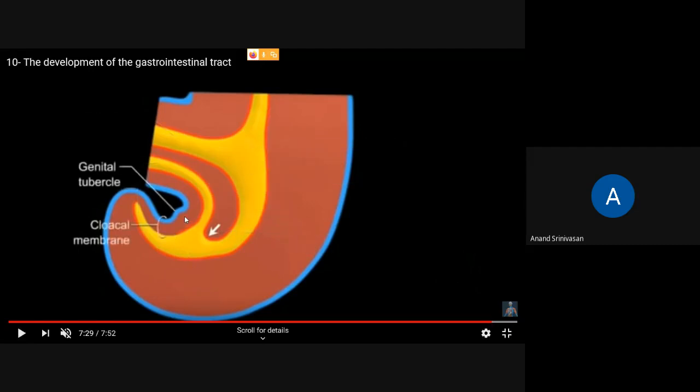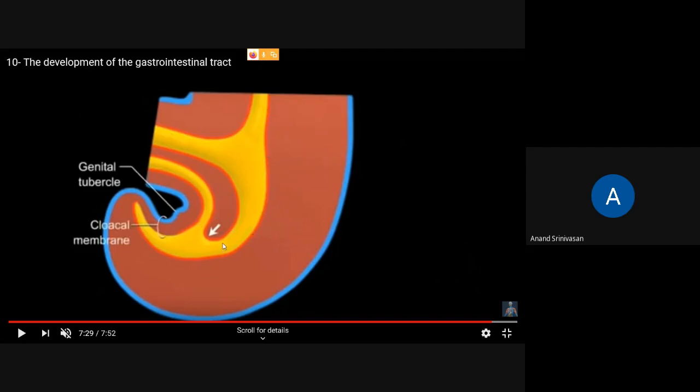Now here you can see a small protrusion, that is the genital tubercle, which later on leads to the formation of the penis in males, and through which the urethra will pass. That we will see during the development of the genitourinary tract.